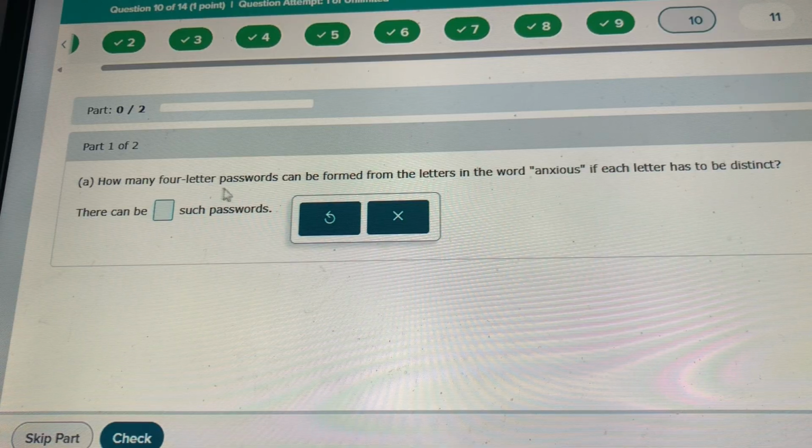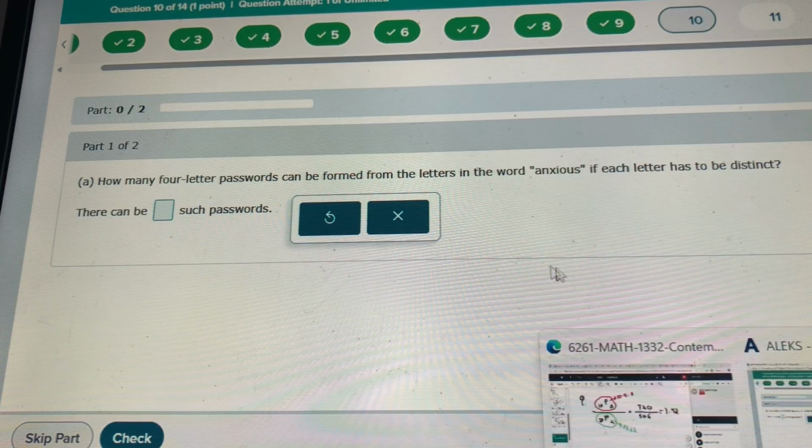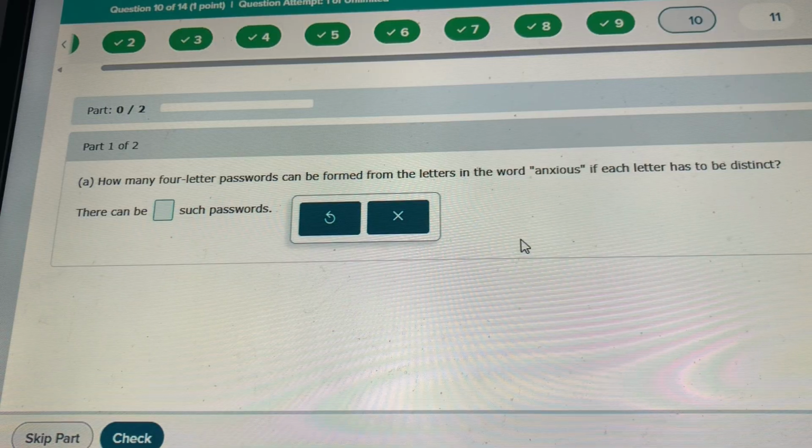How many 4-letter passwords can be formed using the letters in the word anxious, if each letter has to be distinct? Okay, so this is a case where I have 1, 2, 3, 4, 5, 6, 7 letters to pick from. There's 7 total letters to choose, and I can't repeat any of them. And I only want to choose 4 of them.